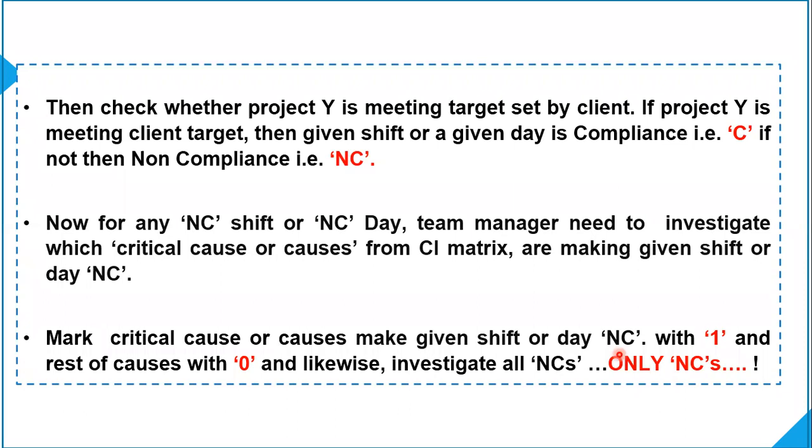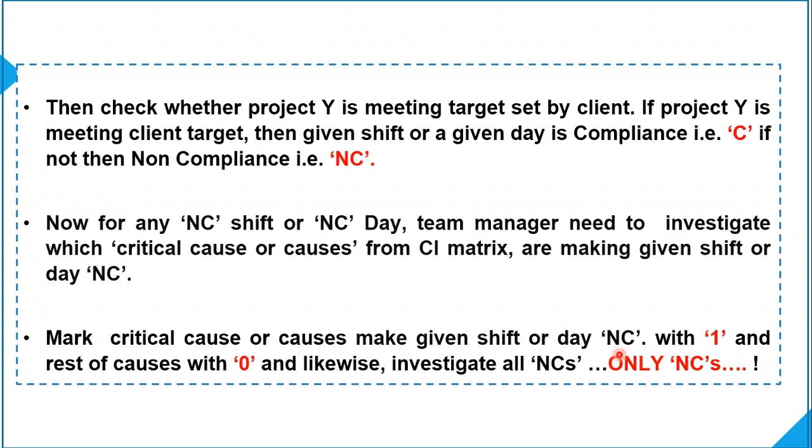By the way, please remember all these causes which we found from the CI matrix are highly severe, controllable, and most importantly, highly frequent. It means if a given shift is NC, either of these 8 causes is leading the given shift to non-compliance, right?